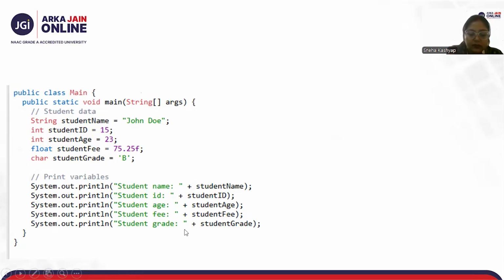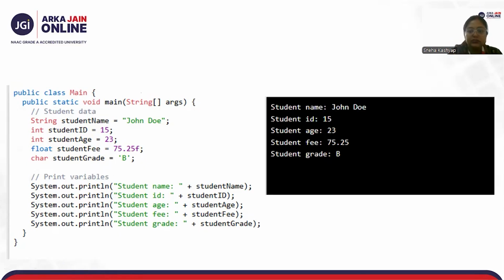Last one is grade. It will read the student grade and print the corresponding value. So this is how my output will look. It will print the text the same way, followed by the values assigned to the given variables. This is why the variable is very important while writing any program.